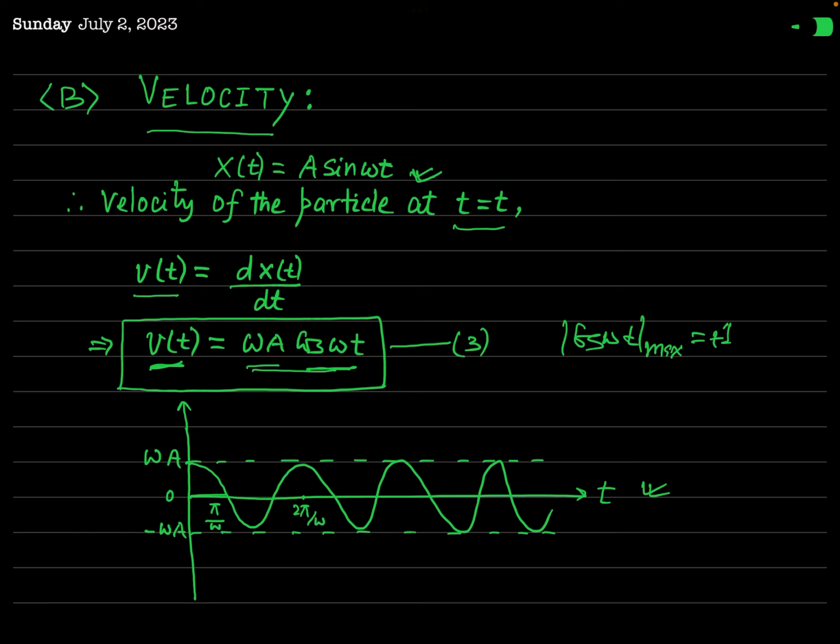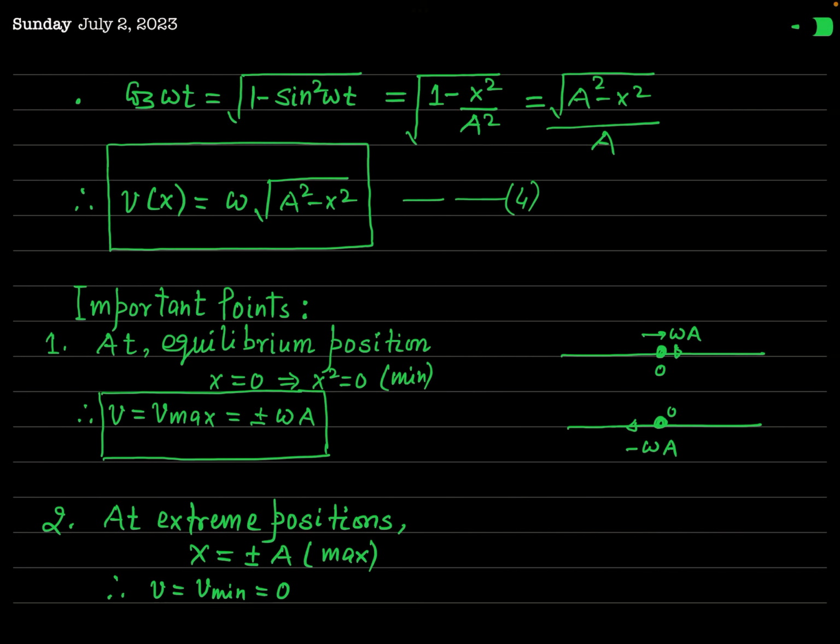So we must remove this cos omega t as a function of x. And with the help of the equation x equal to a sin omega t, this can be done very easily. You have to remove cos omega t. So let us find this cos omega t by using the equation x equal to a sin omega t.